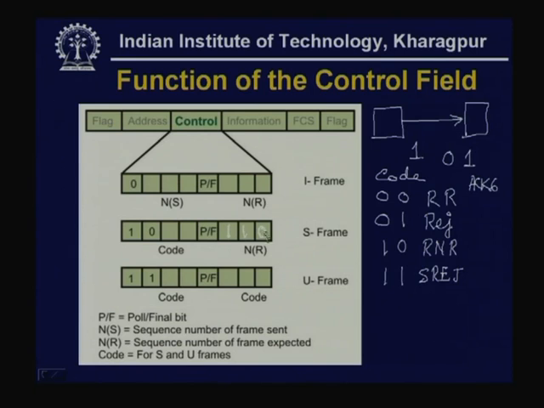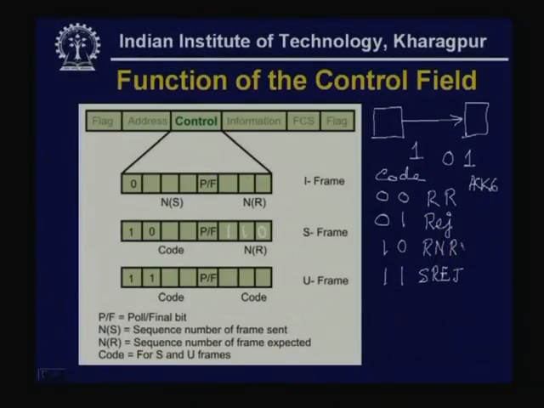So, you see this is how the S frame with the help of this code can mention different types of functions of that supervisory frame which is coming from the receiving side to the transmitting side. So, whenever a secondary has no data to send, piggybacking cannot be done. In such a case, this negative acknowledgement or acknowledgement can be sent in this manner.